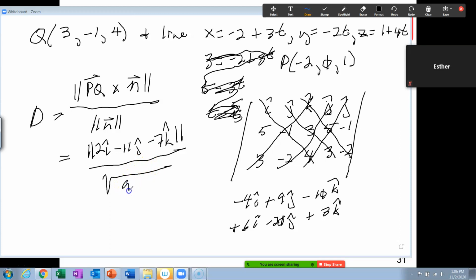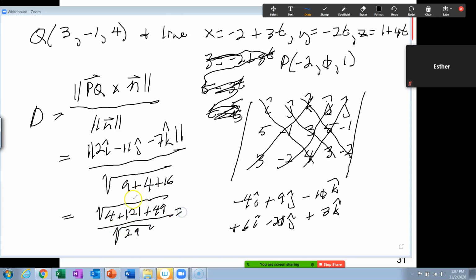3 squared is 9, plus -2 squared is 4, plus 4 squared is 16. So that numerator would be the square root of 4 plus 121, big number, plus 49, divided by the square root of 29.